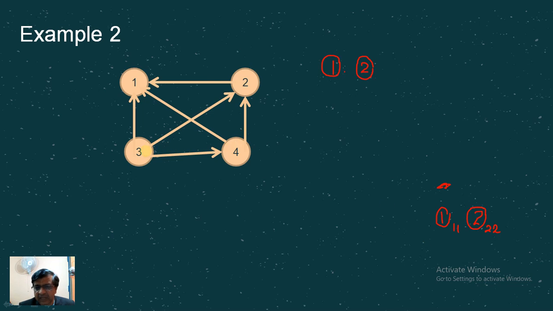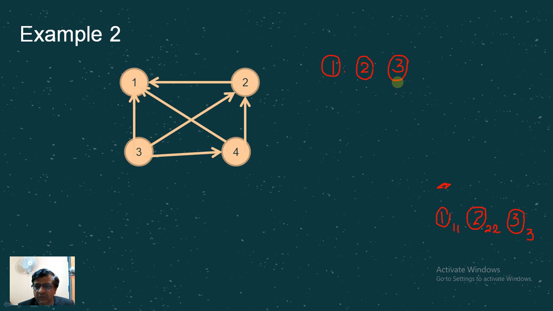Then comes 3. We will select 3. 3 is the third one to go to the stack. From 3 we can go to 2, but 2 is already visited. From 3 we can go to 1, 1 is already visited.